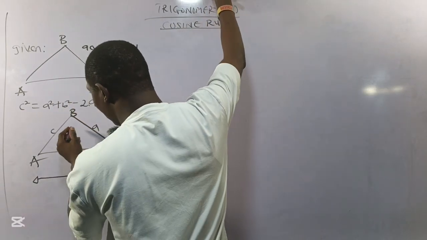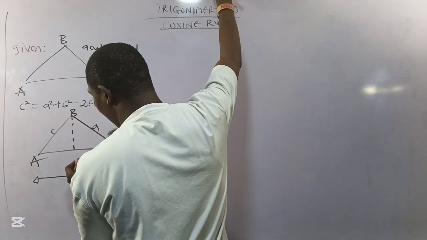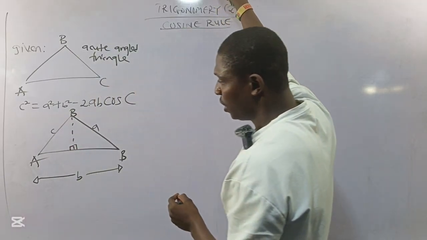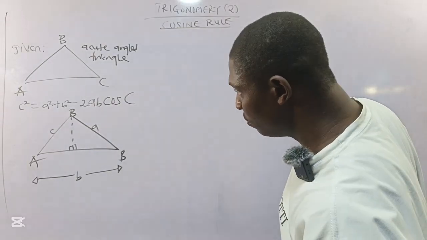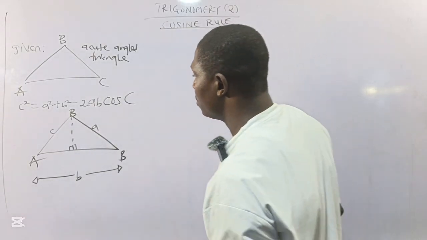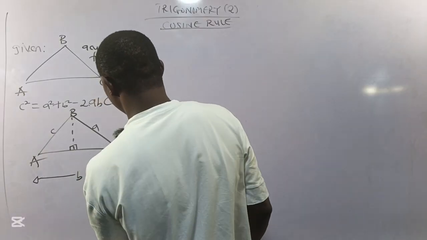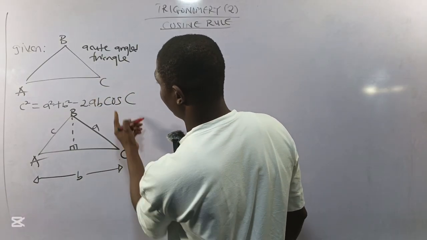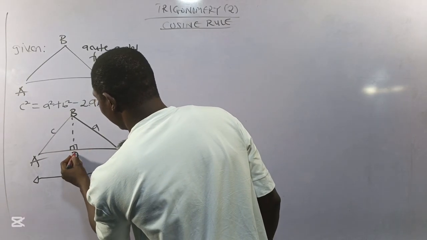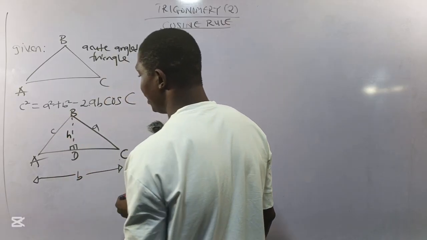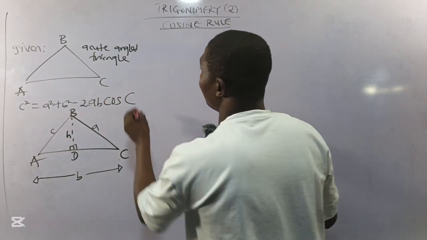So let's bring a perpendicular from B. If I bring a perpendicular, that simply means this should be a right angle, and this equally should be a right angle. And let the point where the perpendicular from B meets AC be D. And let the height be H.